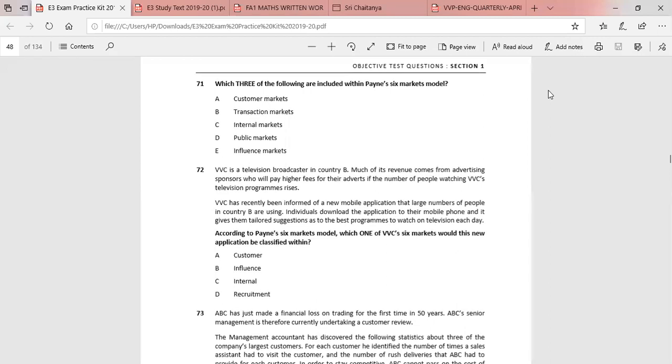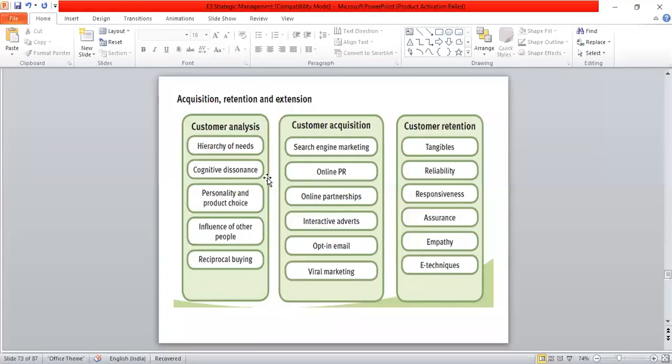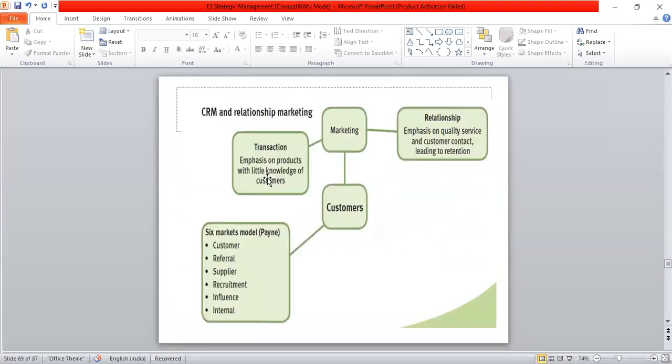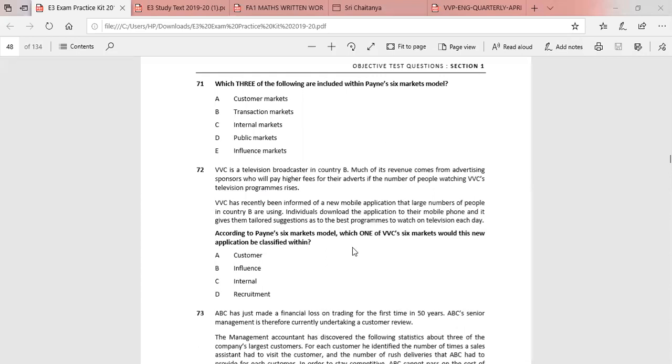Then we have: which three of the following are included with Penny's six markets model? Let's quickly look at what the six markets are. The six markets are customer, referral, supplier, recruitment, influence, and internal.